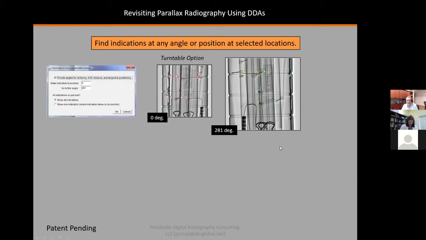If you have indications and you're looking at a part from multiple angles, and you think, is this the same indication as the one I had before? I'm not too sure, it appears to be. Well, if you had some sort of parallax information, you could say, show me all the indications I've flagged before at this angle, and it should be able to flag all those indications for you.